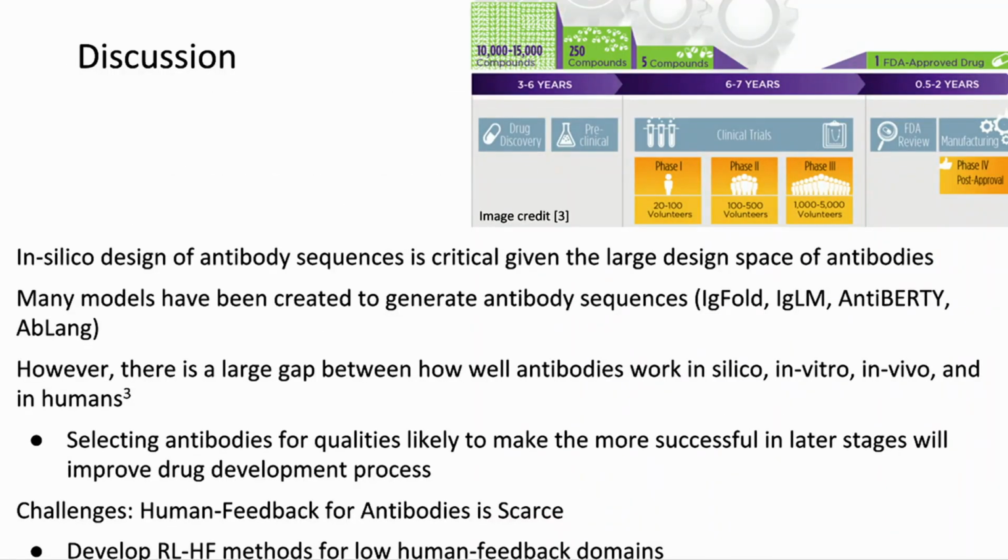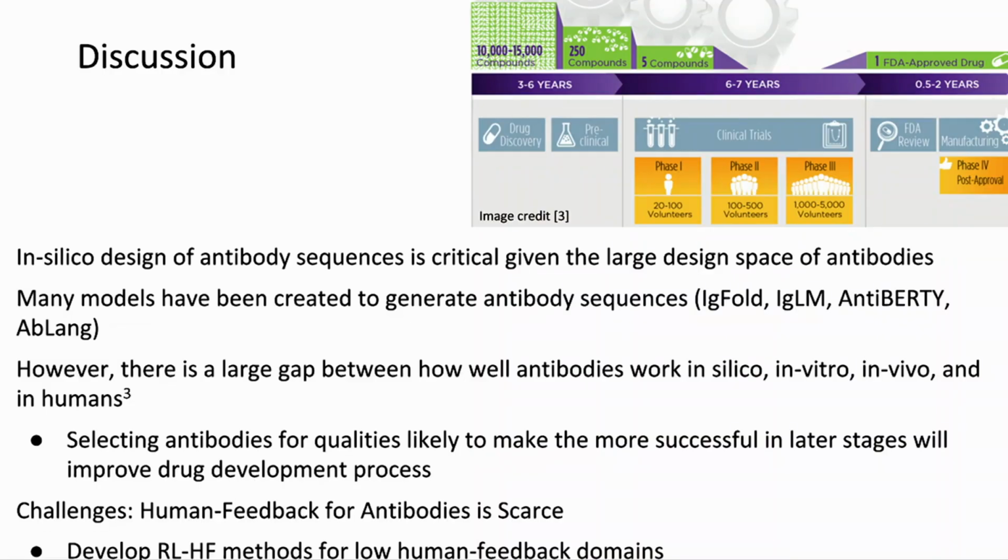In summary, for this problem, we study the in silico design of antibody sequences, which is really critical given the large design space of antibodies. Many models have already been created to generate antibody sequences, like IgFold, IgLM, AntiBERTy or Atlan.